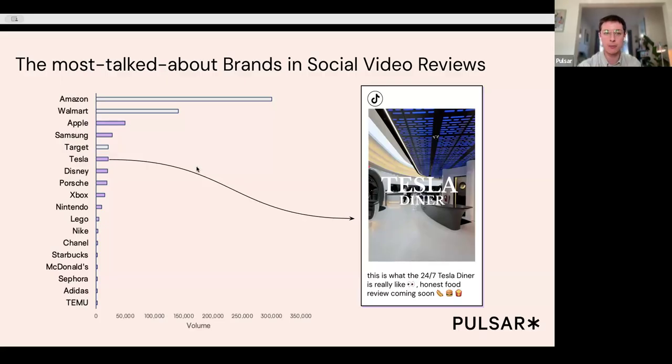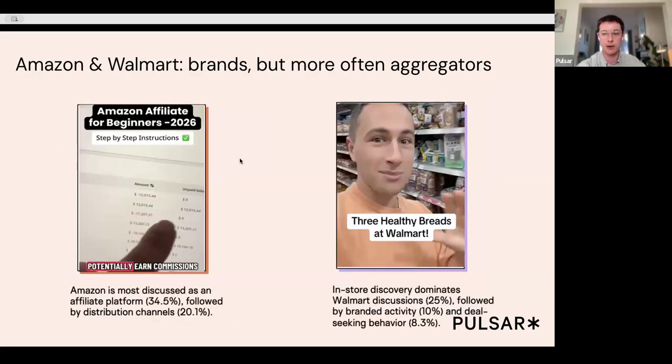But one important caveat in the brands that I mentioned here is Amazon and Walmart. They're appearing as these dominant brands in terms of volume, and much of that conversation is about what flows through them. So let's unpack that distinction on the next slide, because it fundamentally changes how we interpret this data. When we analyze the context of these mentions, the picture becomes a little bit clearer.